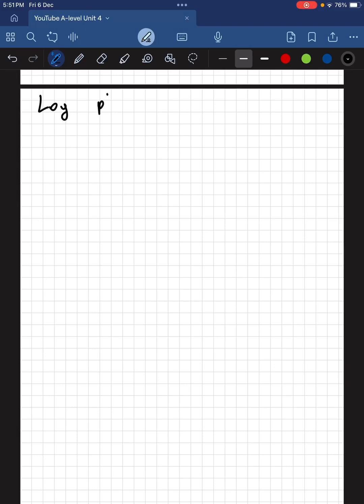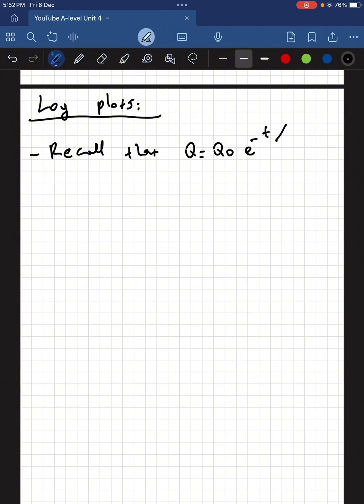Let's talk about log plots. What are these now? Okay, so recall that Q is Q naught e to the minus t over tau. So if we take the log on both sides, we get the ln of Q is the ln of Q naught plus ln of e to the minus t over tau.